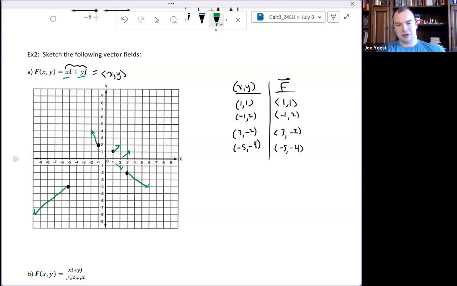So I have small vectors pointing away from the origin, near the origin. Moderate length vectors pointing away from the origin when I'm moderately far away from the origin. And I have never claimed to be a good artist, so this is just rough. And then long vectors pointing away from the origin when I'm far away from the origin.